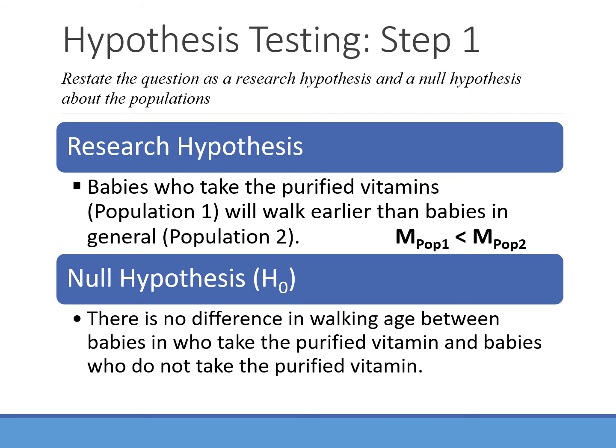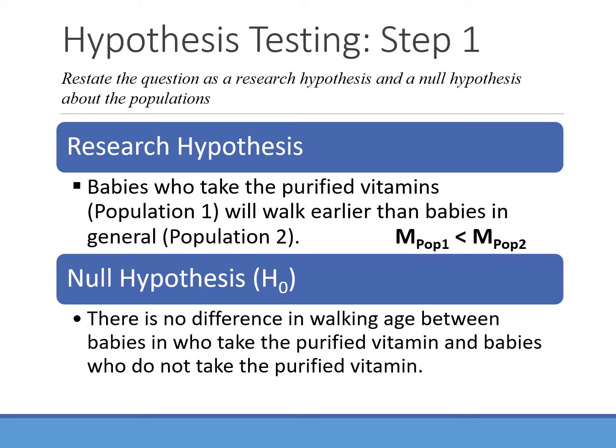All right, so step 1 of hypothesis testing. Restate the question as a research hypothesis and a null hypothesis about the populations. So our research hypothesis: babies who take the purified vitamins, population 1, will walk earlier than babies in general, population 2.